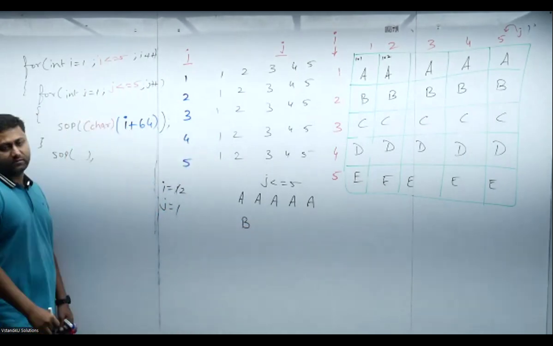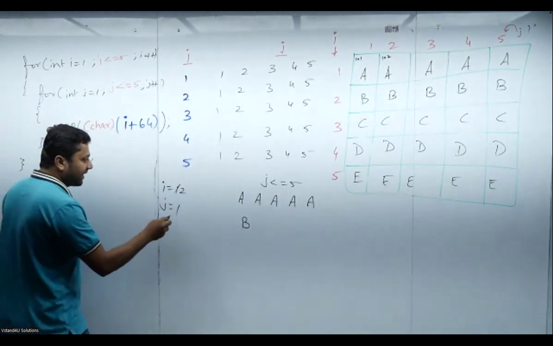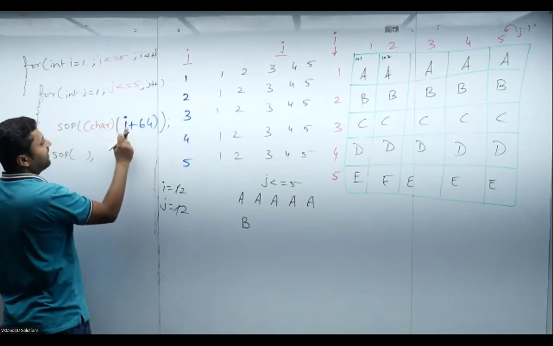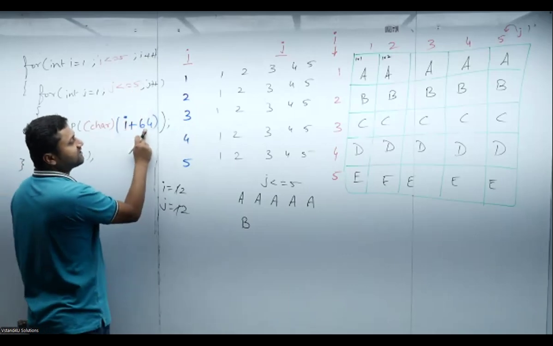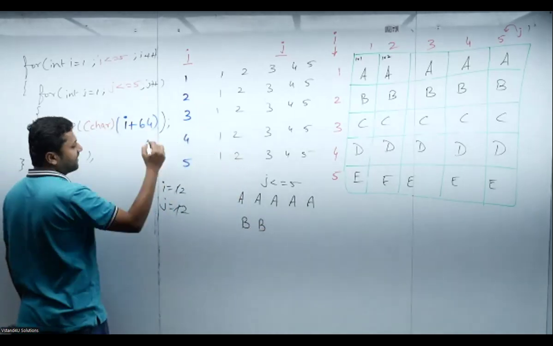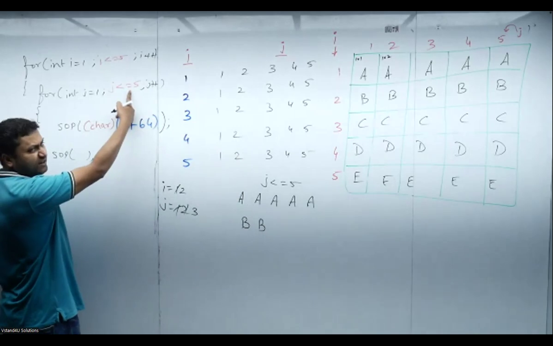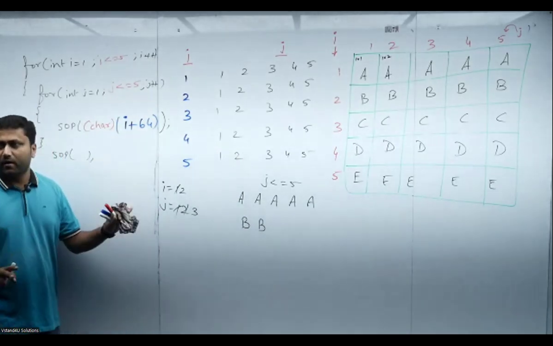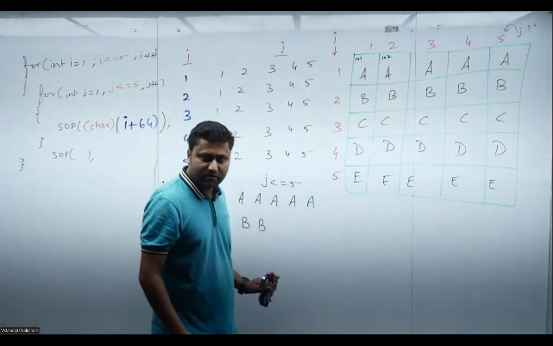Am I right? In that case, j will be incremented to 2, then 2 is less than or equal to 5. Then 2 plus 64, corresponding character B. Then j will be incremented to 3. 3 is less than or equal to 5 condition. True. Then still 2 only. Agree. Am I clear? B, B, B, B, B, C, C, C, C.